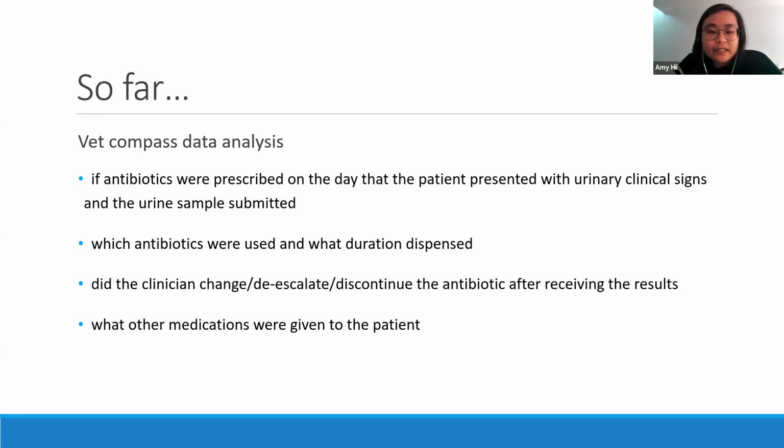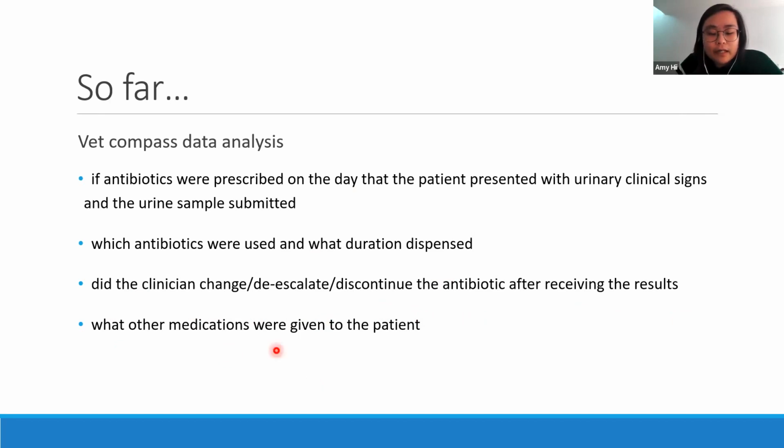So with the histories, what I'm looking for is whether or not antibiotics were prescribed on the day the patient presented, which antibiotics were used and what duration was dispensed. Did the clinician change, de-escalate, or discontinue the antibiotic after receiving the results?